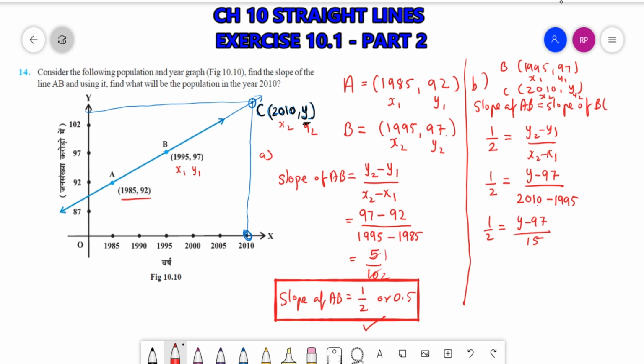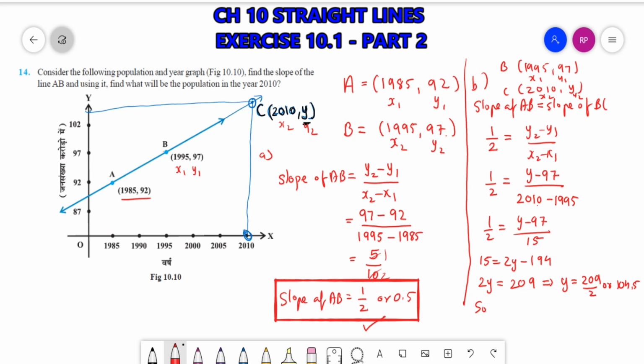Okay, so cross multiplying, 15 equal to 2y minus 97 into 2, that is 194. So 2y will be equal to 15 plus 194, that is 209. That implies y equal to 209 by 2 or 104.5.